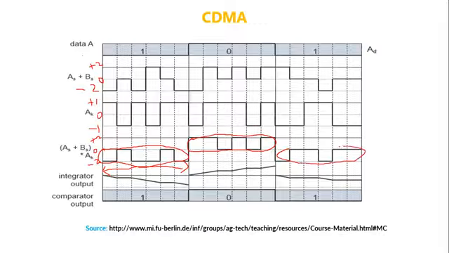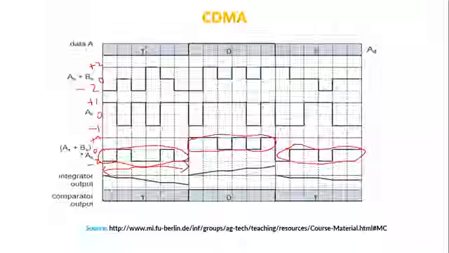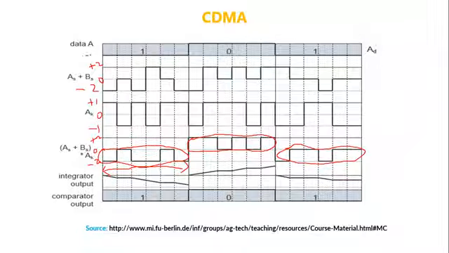So whenever it is in the lower domain, we say it is 1, because that is our original data. In our original data also, we represent 1 in the lower domain and 0 in the higher domain. So whenever this actual information is in the lower domain, we say it's 1. When it is in the higher domain, it is 0. This is how the integrator produces this kind of signal, and from that the comparator creates 1, 0 and 1. Like this the data is retrieved in A.